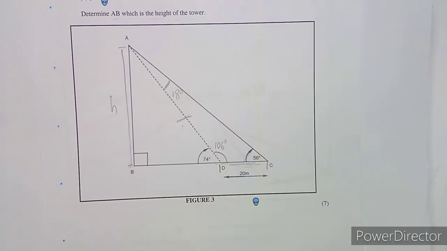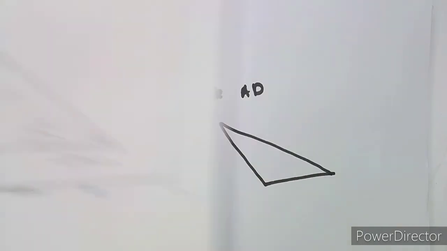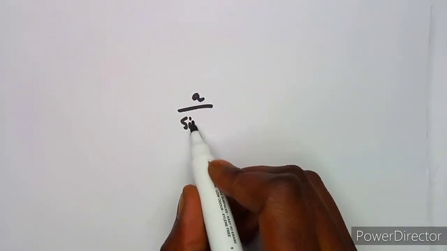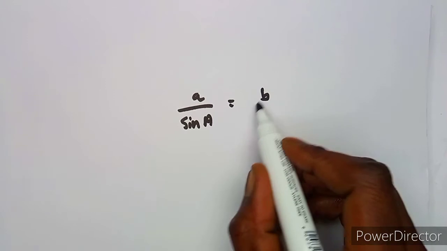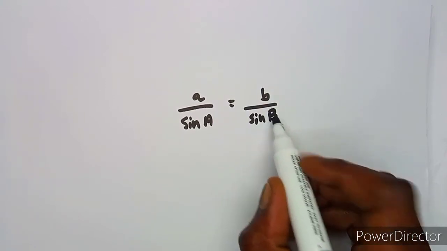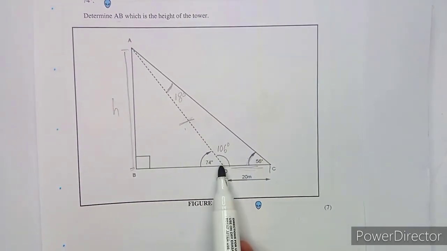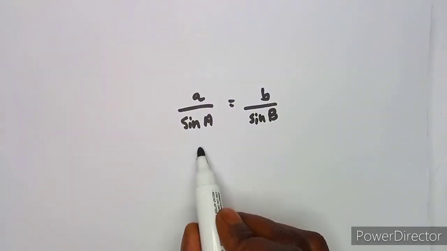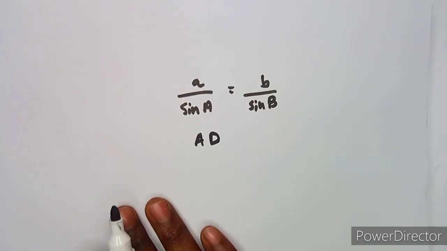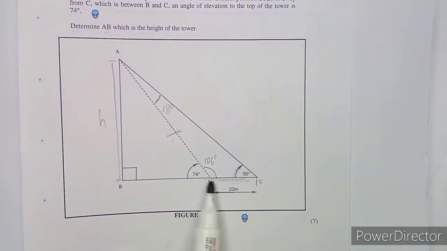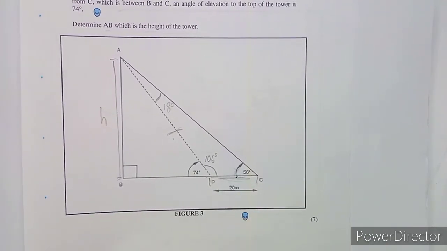Remember, sine rule is used when the side and the angle correspond to each other. Our sine rule states that A over sine A is equal to B over sine B. So our A is the one that we want to calculate, which is AD. So we've got AD over sine of the angle which corresponds, which is 56.